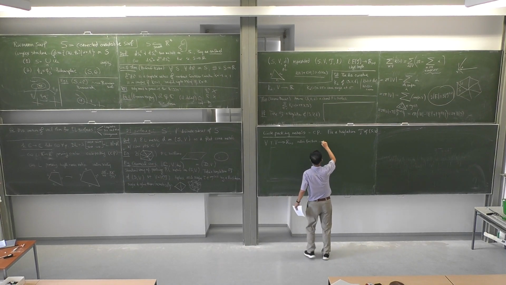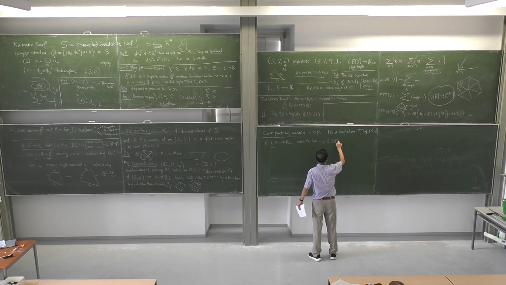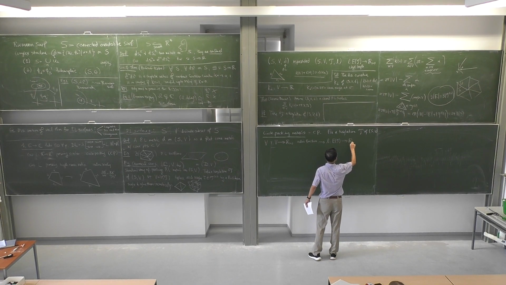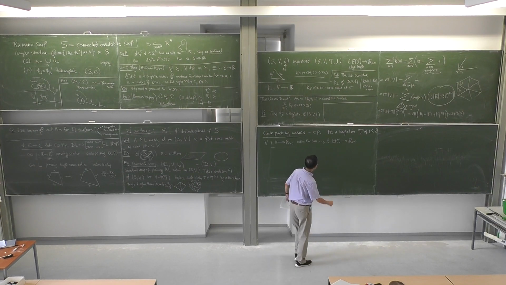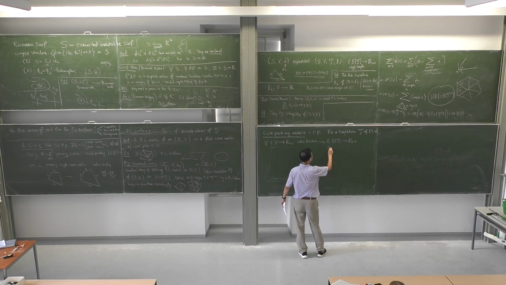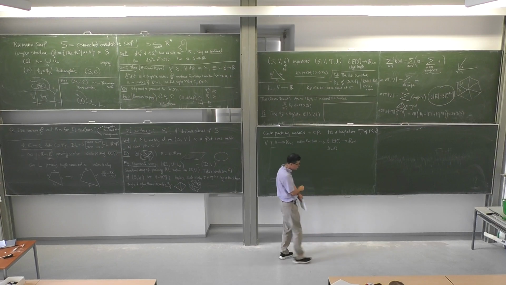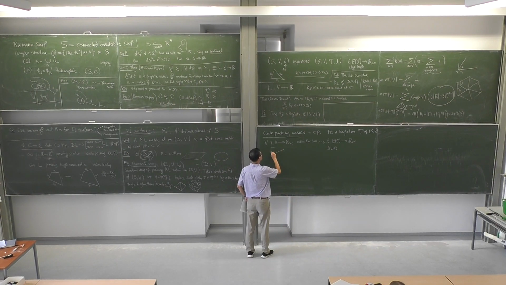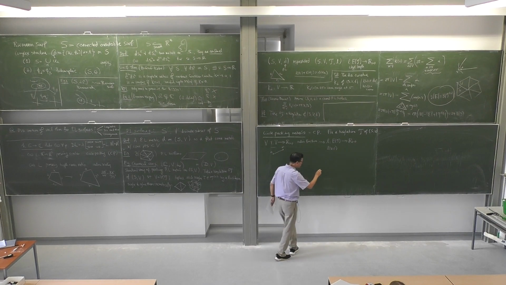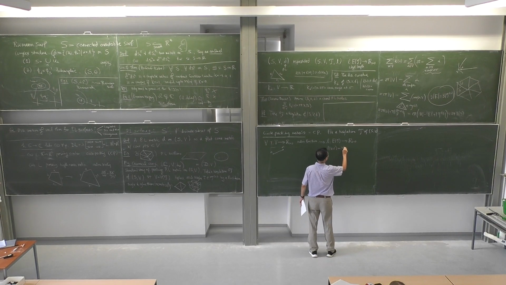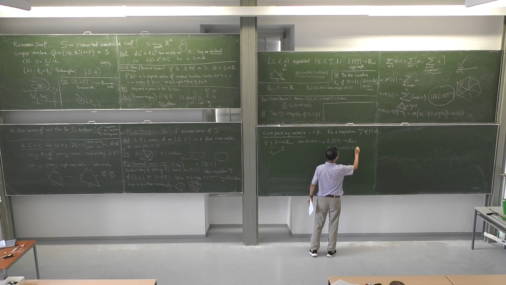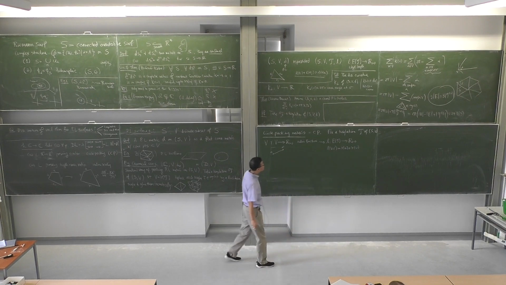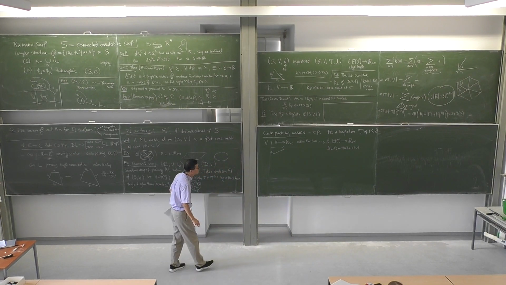So this will produce a length function on the triangulation. And the length is just, naively, you take an edge with endpoints u and v, and the length of that is equal to the sum of the radii. And this will automatically satisfy the triangle inequality.